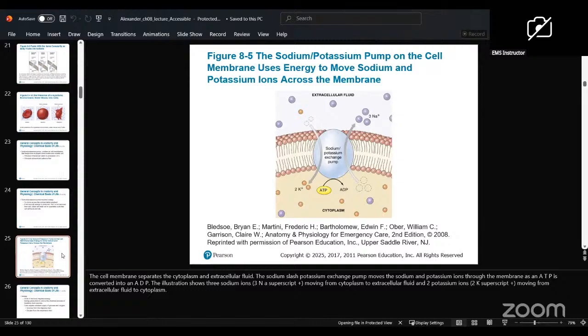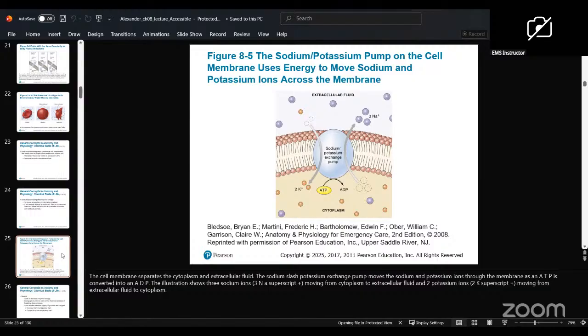So what you're looking at here is your adenosine triphosphate, your ATP, converting over into ADP. This is the energy exchange, we're going to call it. But this is your sodium potassium exchange pump.